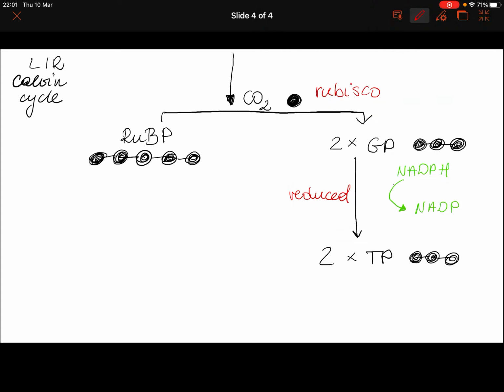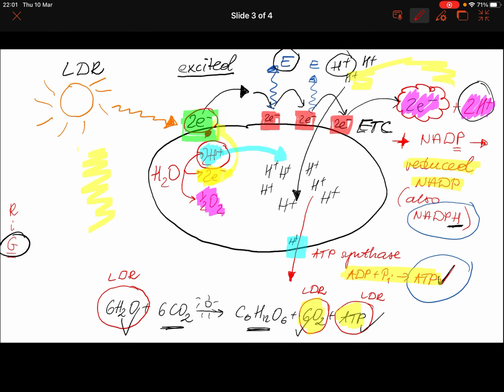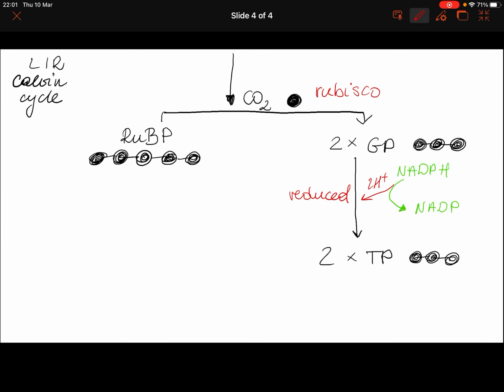So those hydrogens now will be used to reduce GP to TP. This process also requires energy, and as we remember, we've produced ATP in the light-dependent reaction, hence it's useful now, and it can help out with the reduction of GP to TP. So now we are almost at the end of the Calvin cycle, and we've got 2 triose phosphate molecules.